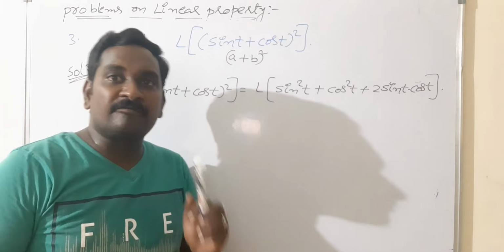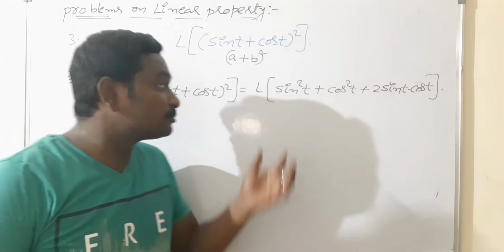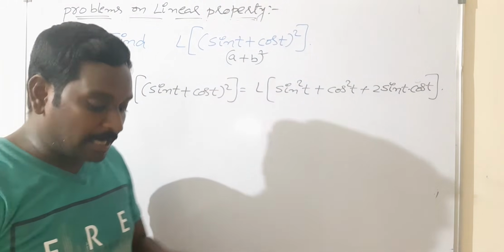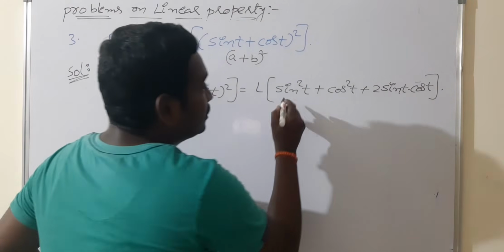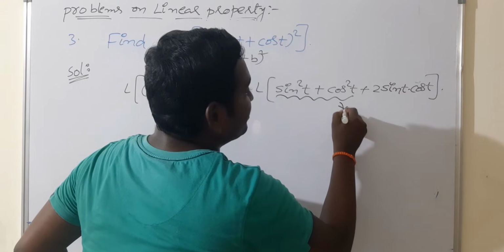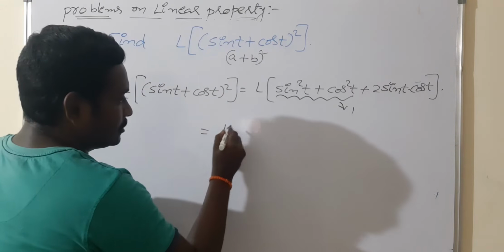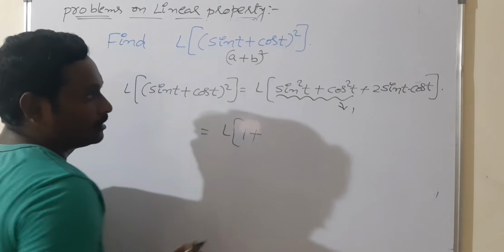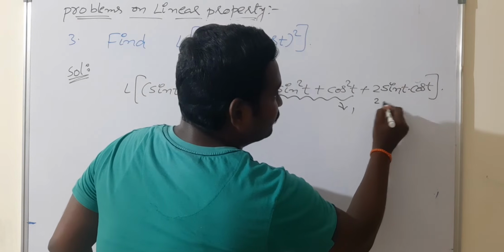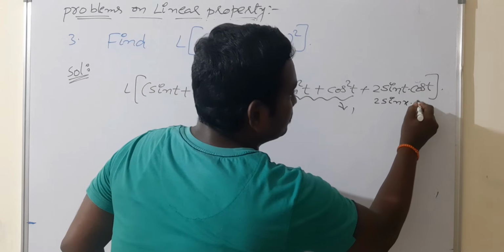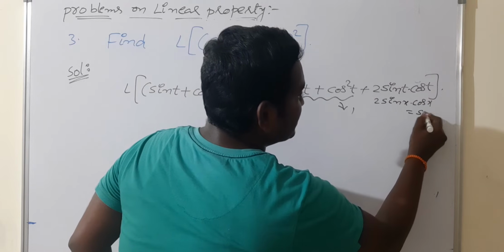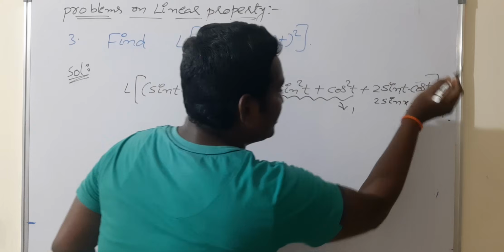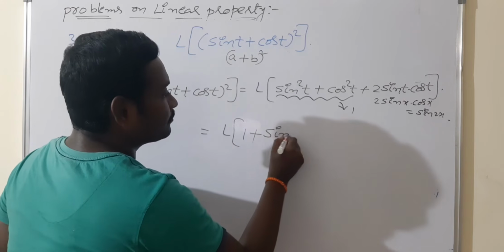Okay, don't forget one thing here. Don't split the terms blindly here, because we have a relation: sin square t plus cos square t is 1. So L of sin square t plus cos square t is 1, plus, and it is in the form of 2 sin x into cos x. What is it? Sin 2x. That's why here we have sin 2t.